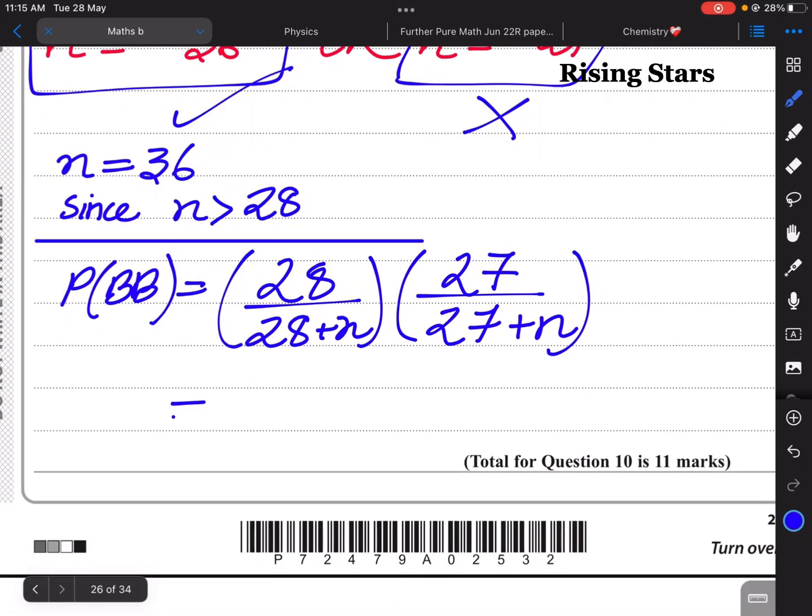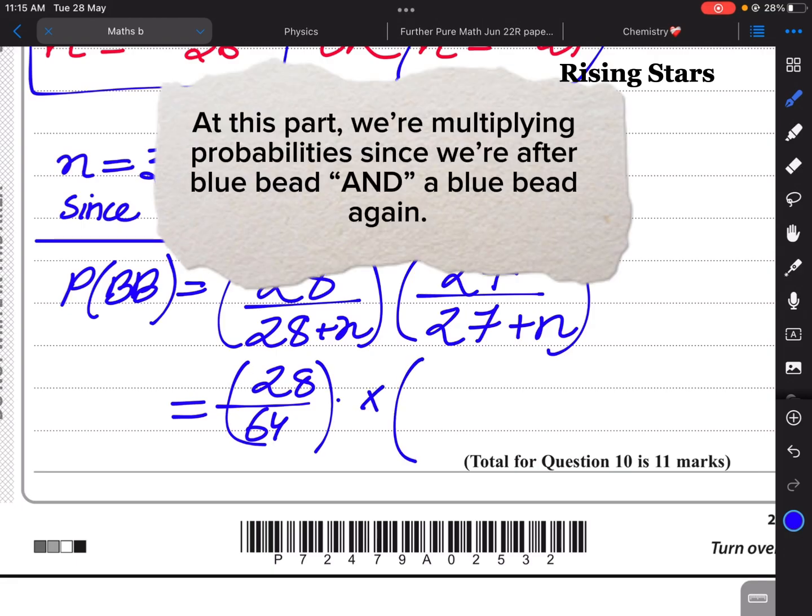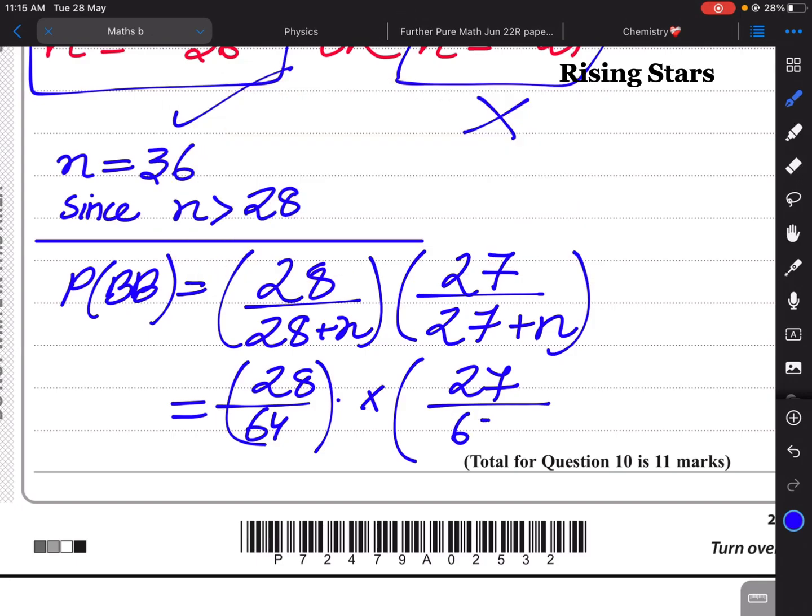You can also substitute a value of n over here. So we have 28 over 28 plus n. Remember n was 36, so 28 plus 36 is 64, times 27 plus 36, which is 63. And yeah, we're almost done.